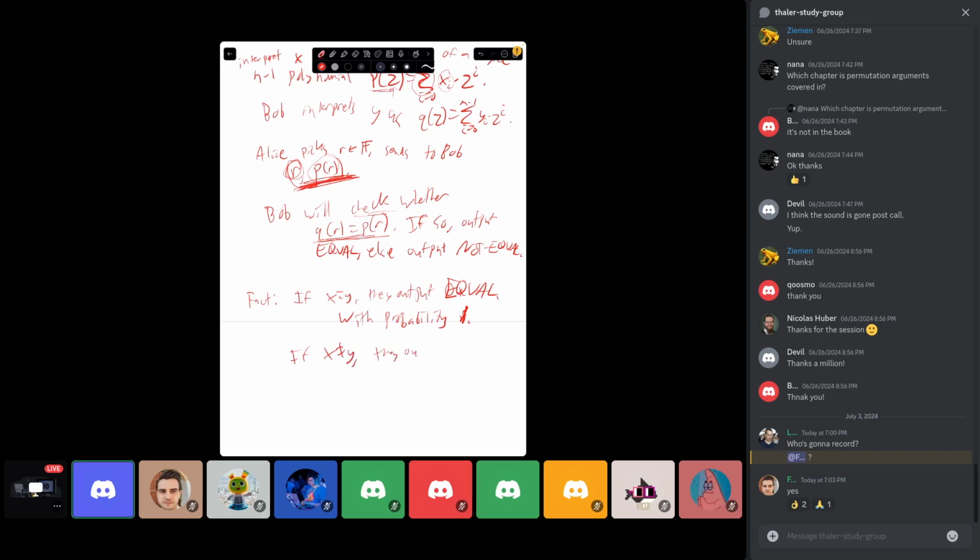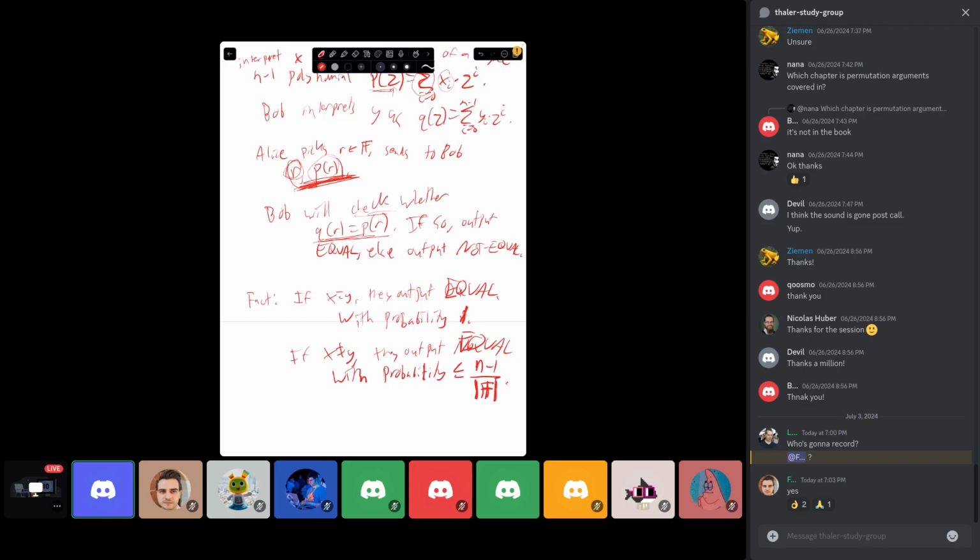And in that case, the probability that they happen to pick one of the very few r's at which these 2 different polynomials agree is very small. So they output equal with probability at most, I guess it would be something like n-1 over the size of the field.